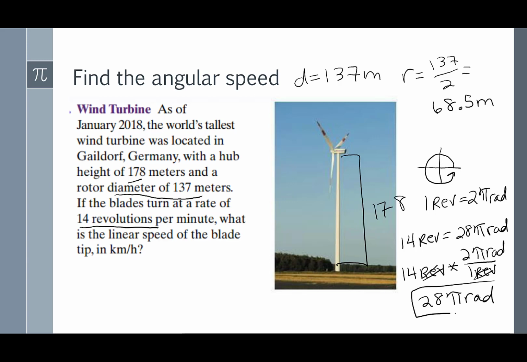Okay, so what do we know now? We know we have 28 pi radians. And we know that we have this radius that's equal to 68.5 meters. Let's go to another page because I feel like I have too much there. Remember, I gave you a few things in class. One of them was omega, and that was theta divided by time.